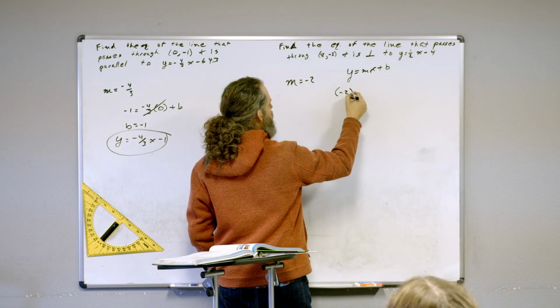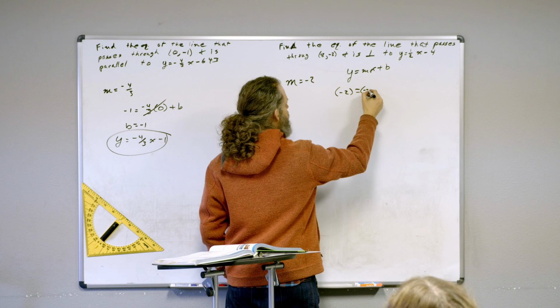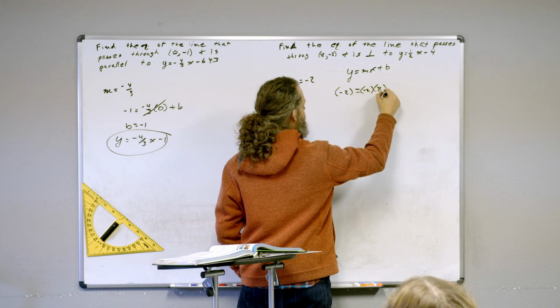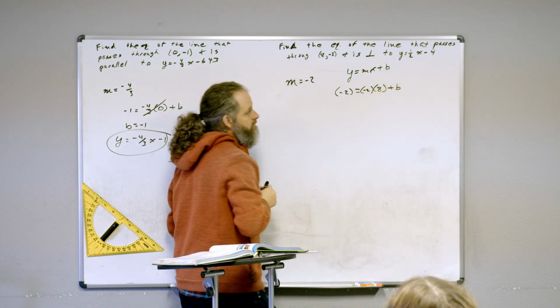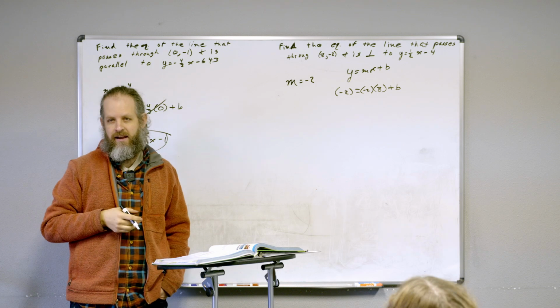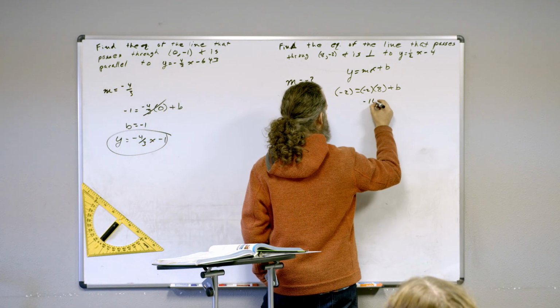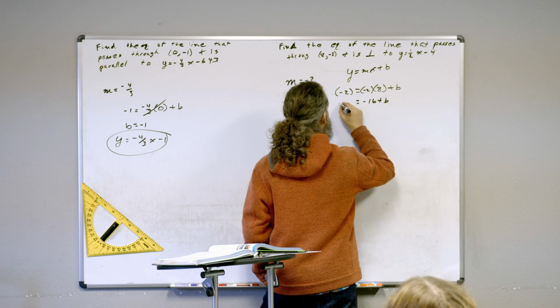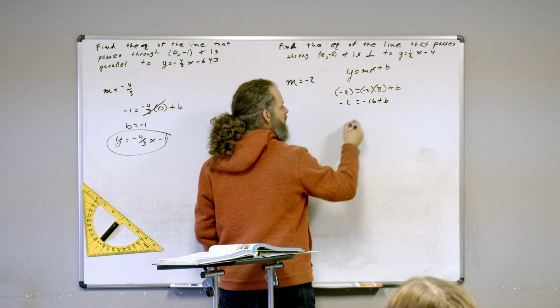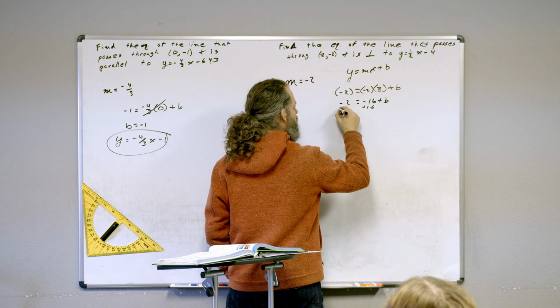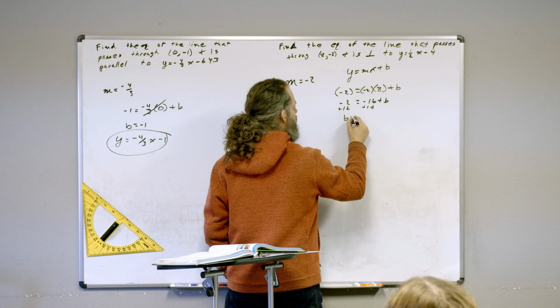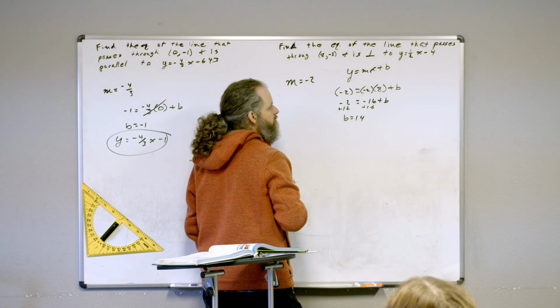So negative 2 equals negative 2 times 8 plus b. Negative 2 times 8 is? Negative 16 plus b equals negative 2. Add 16 to both sides. b equals 14.